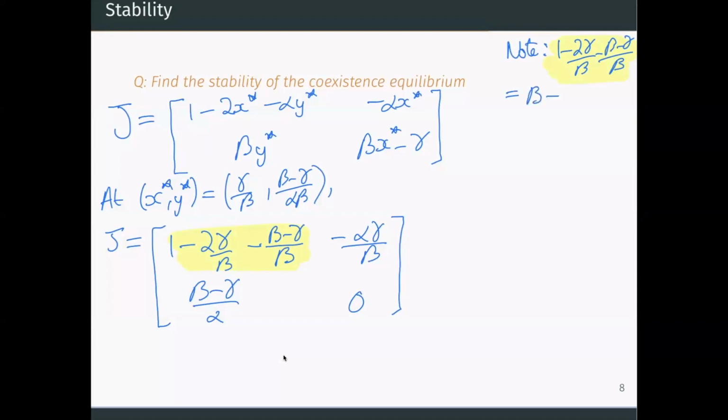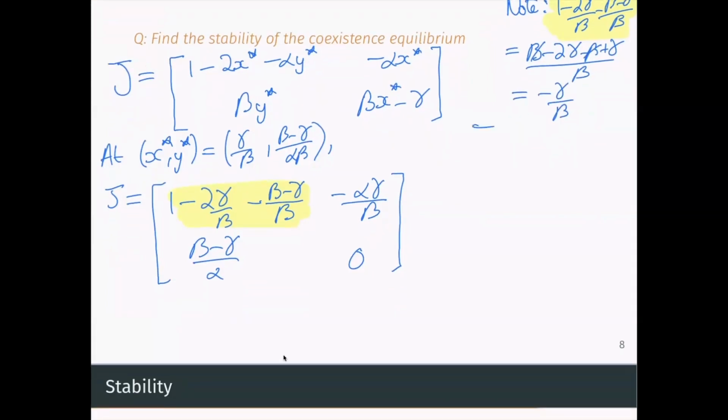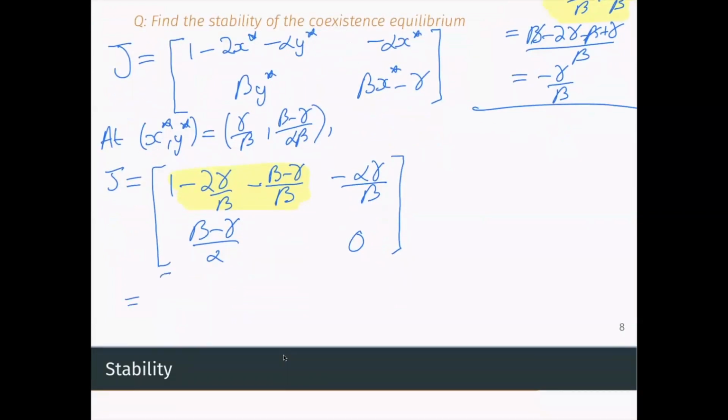We'll have beta minus 2 gamma minus beta plus gamma, all over beta. These betas will cancel. We'll have a plus gamma and a minus 2 gamma, so we'll end up with just minus gamma over beta. So that means we can write our Jacobian as minus gamma over beta, minus alpha gamma over beta, beta minus gamma over alpha, and 0.